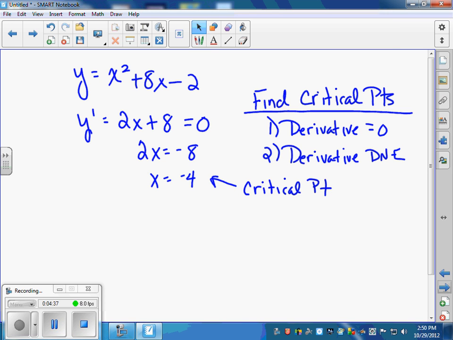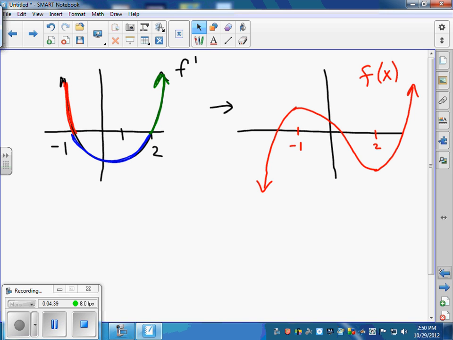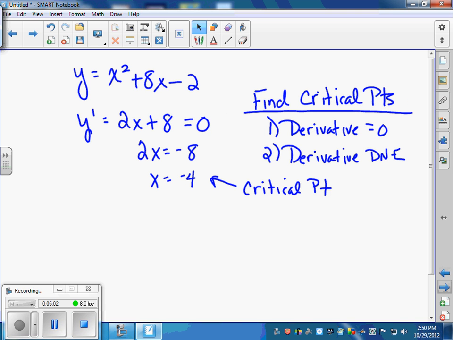And if you look back just quickly to what we were doing previously, on this, which was our f of x, every time our slope changed, we got a point where the derivative was equal to 0. Okay? There are places where your derivative can equal 0, but your slope doesn't change. And again, we'll talk about those a little bit later. So we have a critical point of -4.